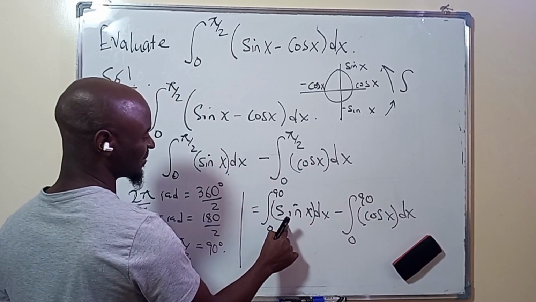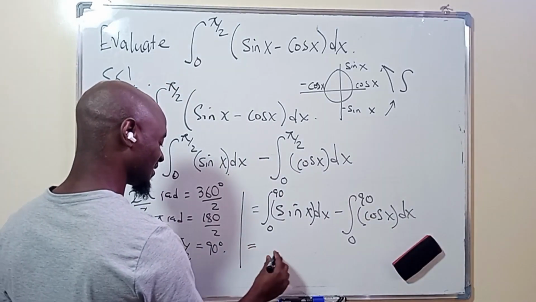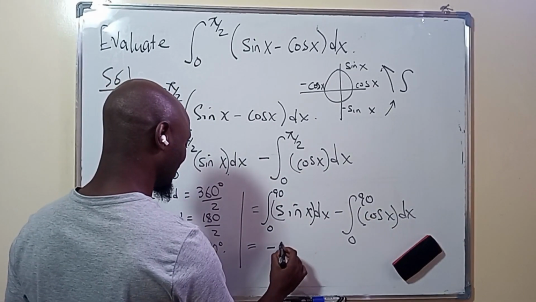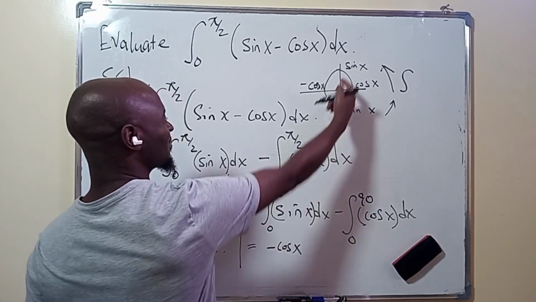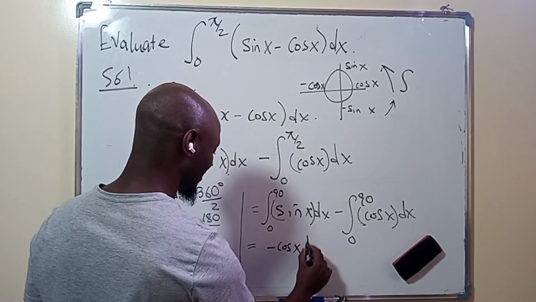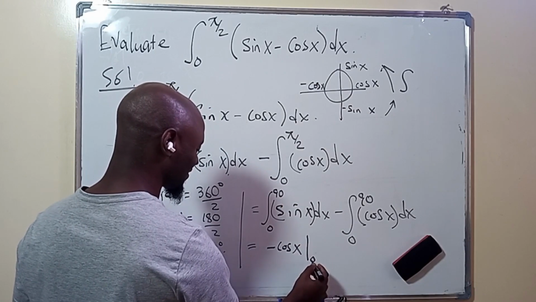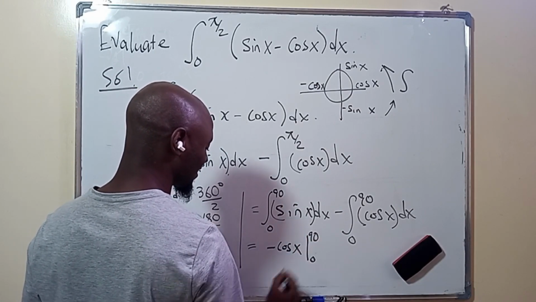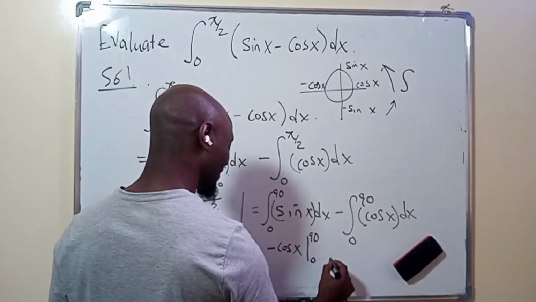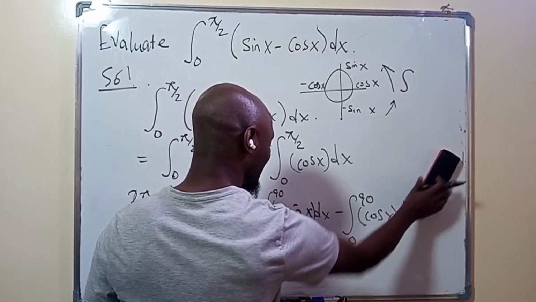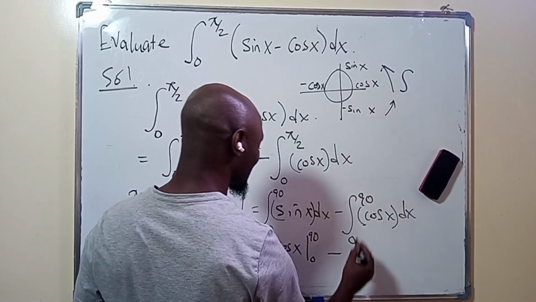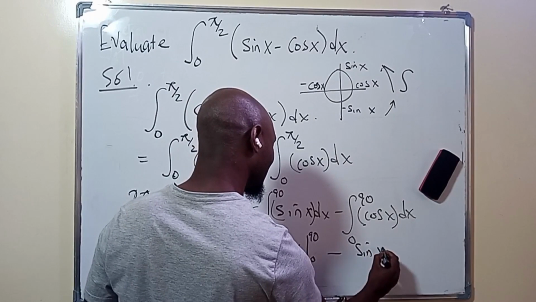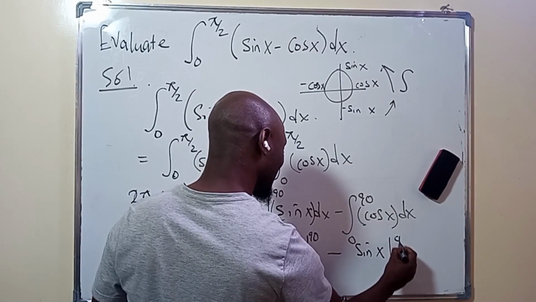So we integrate this one, and this will be negative, minus cos x. We are taking limits of 0 as the lower one, then 90 degrees as the upper limit, then minus, we integrate cos to get sine x, then the limits are 0 to 90.